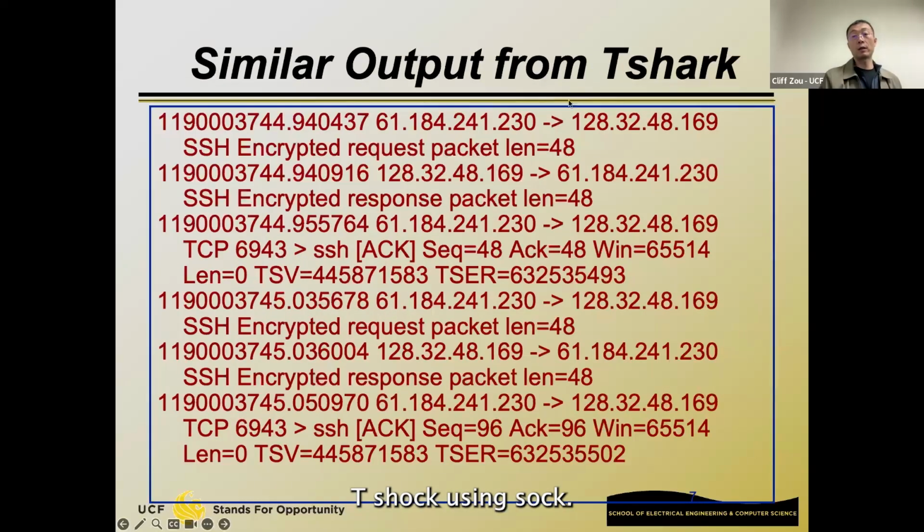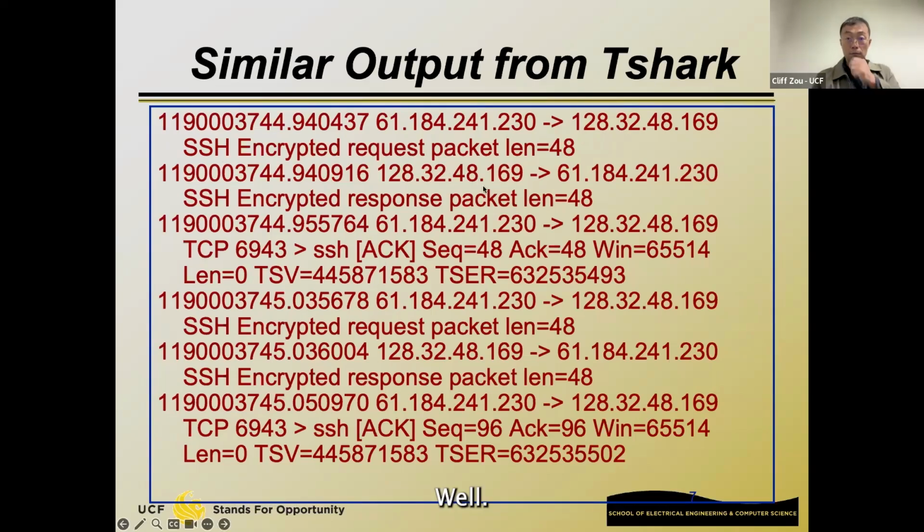T-Shark, used in Wireshark, captures data in a similar way to TCP dump. You can see the timestamp, source IP address, destination IP address, and port number.